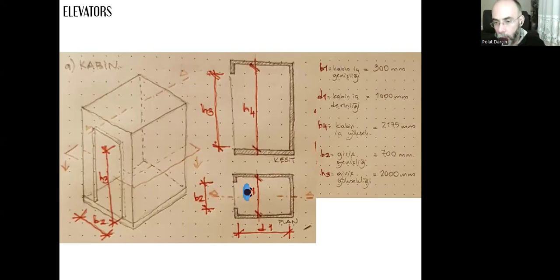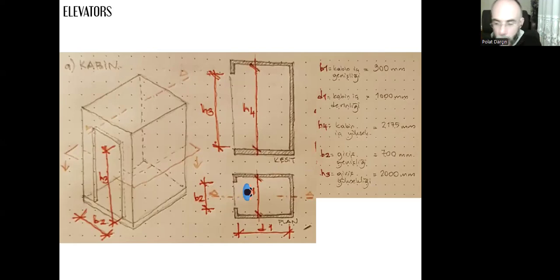And the sizes of the cabin, like this B1 and D1, can be determined based on the number of people who are going to use the elevators, and that's directly related with the function of the building. If it's an apartment building with lots of flats, then there can be many users that need to use the elevator at the same time in the morning period and in the evening period.